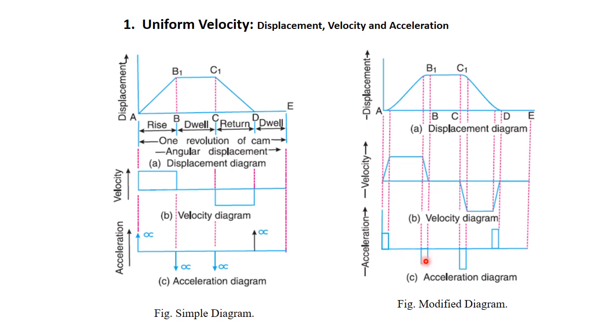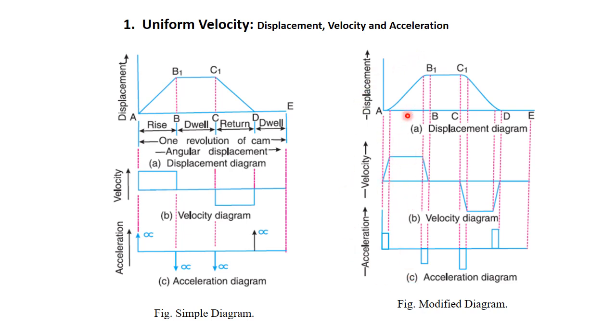Due to this specific value of acceleration at points A, B, C and D, the rate of change of acceleration becomes low, the jerk comes to an acceptable level, and in that case we can accept this type of motion for the follower.